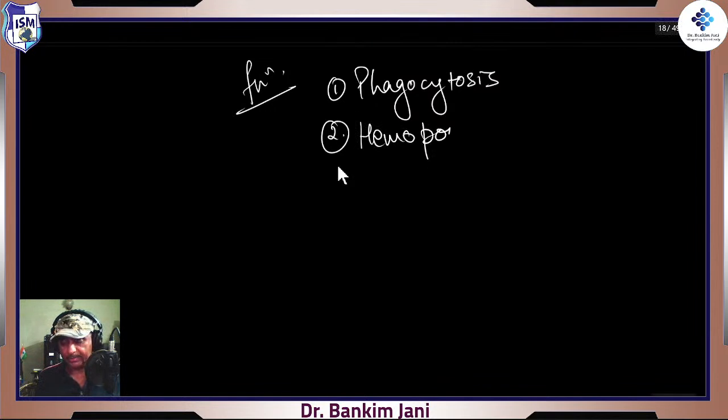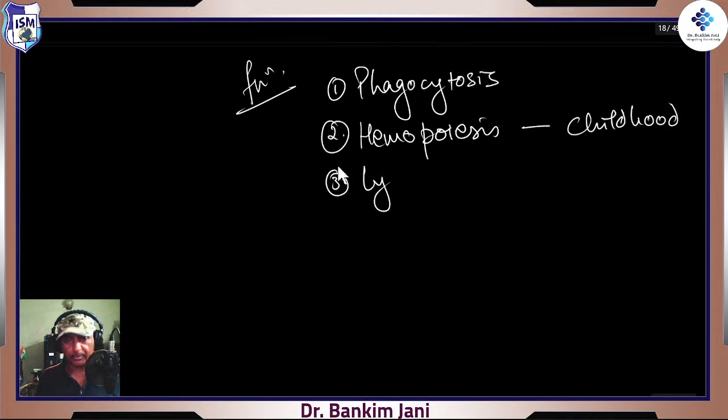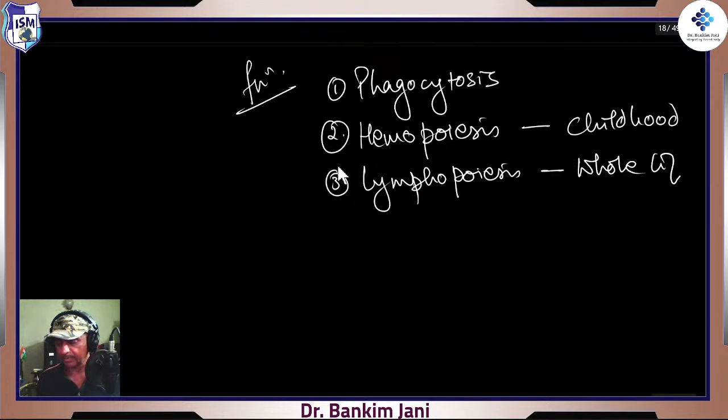Then this is hemopoiesis. Do remember, it is only in childhood. Then for the entire life, it is lymphopoiesis. So it will be handling all those lymphatics. So this is for whole life. And the fourth thing is, it acts like a storage of RBCs.